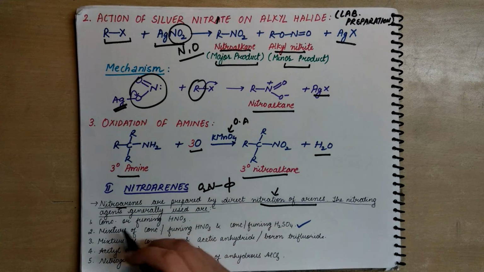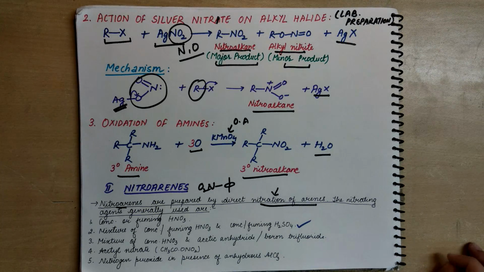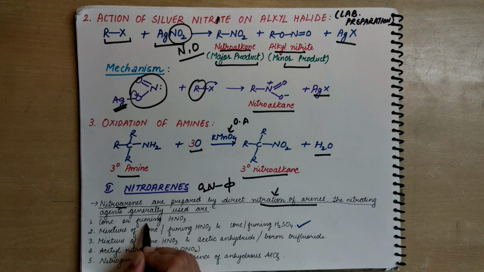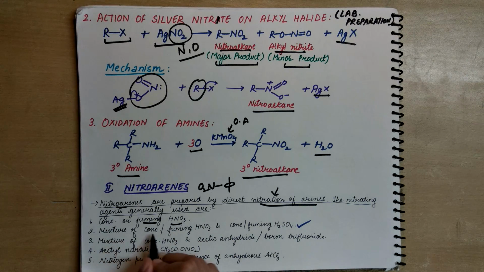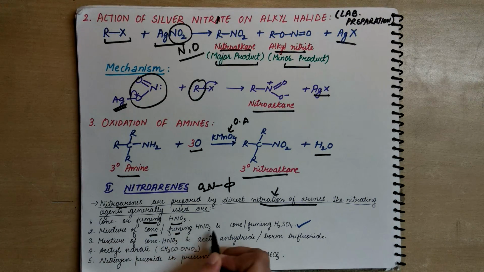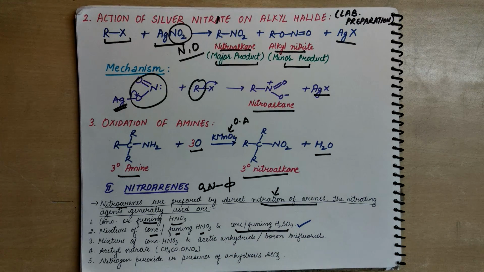The nitrating agents which are generally used are concentrated or fuming nitric acid. Secondly, the mixture of concentrated or fuming nitric acid and concentrated or fuming sulfuric acid.